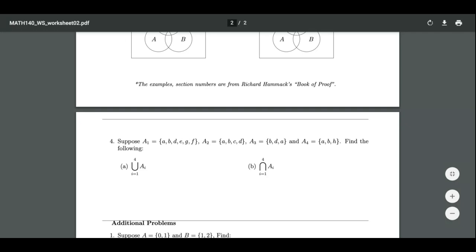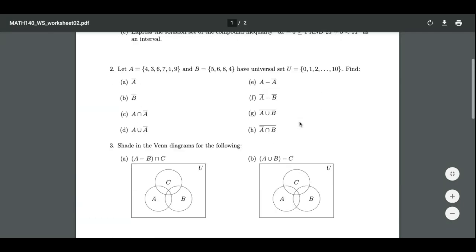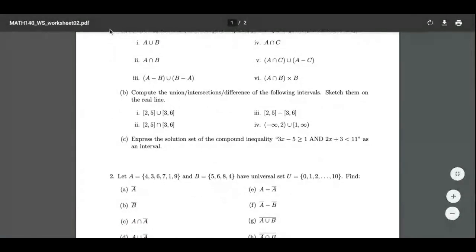Which one? Hold on a second. This one, 1C.